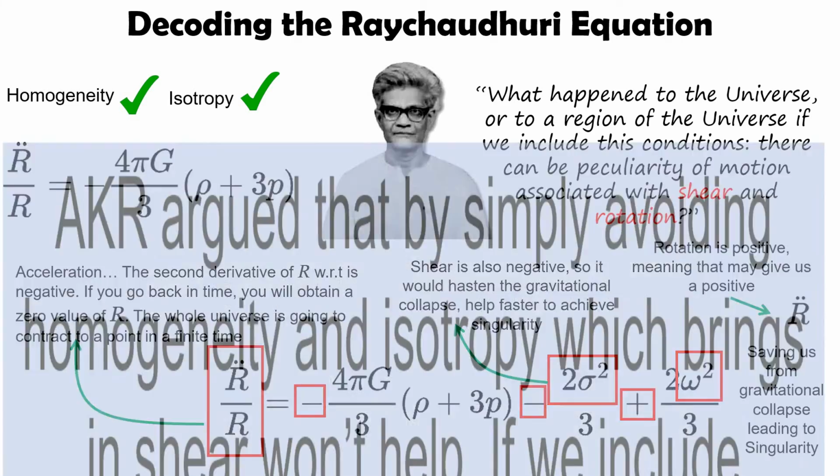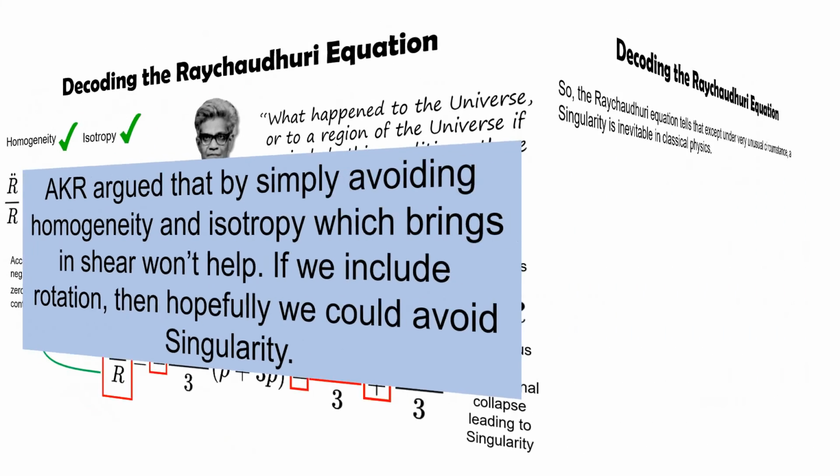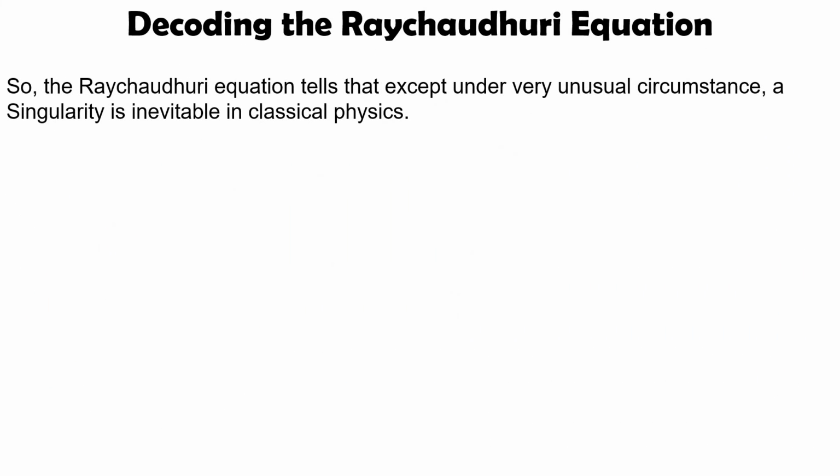So here comes his argument. What AKR argued is that simply avoiding homogeneity and isotropy, which brings in shear, won't be helpful. In order to avoid singularity, if we include rotation, hopefully we can avoid singularity. So the Raychaudhuri equation tells us that except under unusual circumstances, a singularity is inevitable in classical physics, at least as in general relativity.